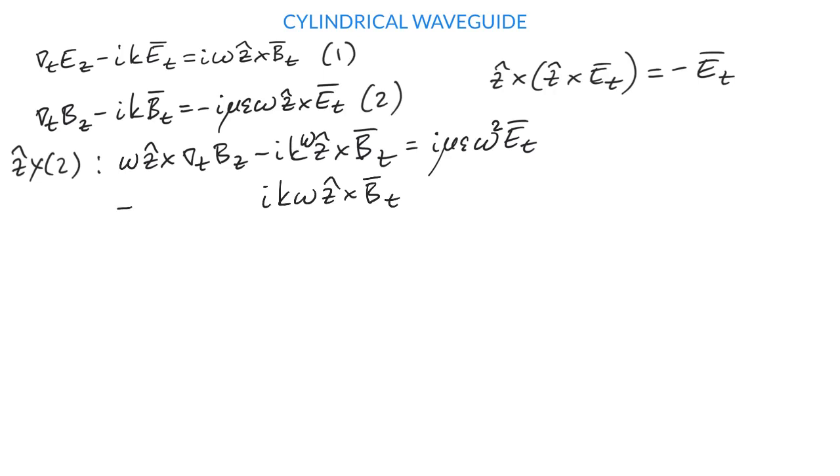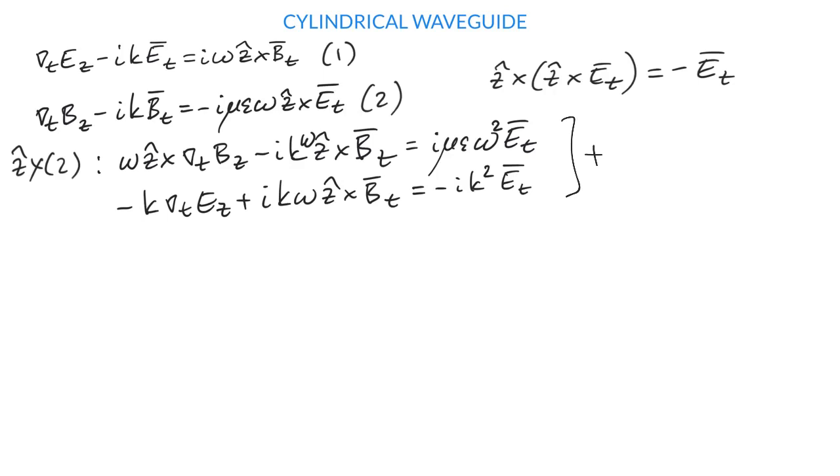So I'll have minus k ∇t Ez, and the other term will stay on the right hand side. So I have minus i k squared Et. Now the terms with Bt are identical and have opposite signs.